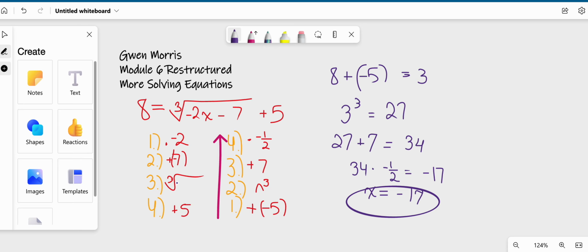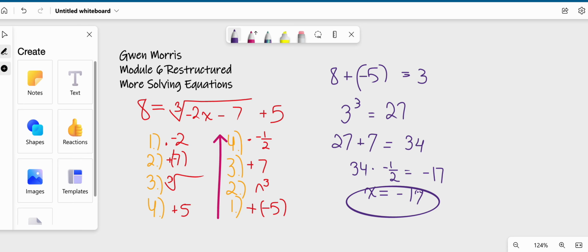But there's the multiplication of the inverse and the addition of the inverse, making the one pair or the zero pair respectively. So that's going to help me use my inverse operations to solve for x.